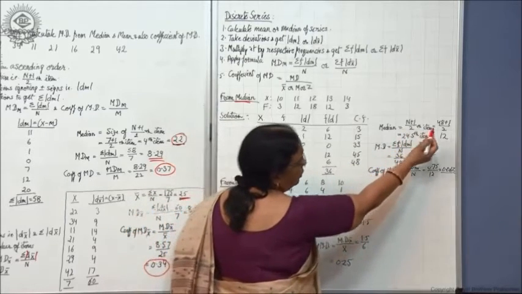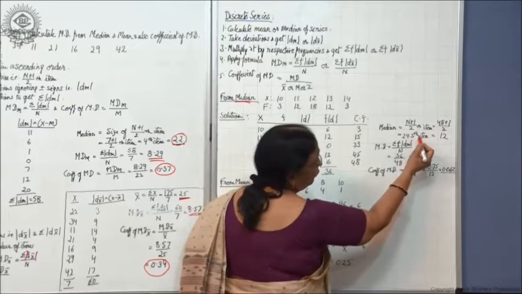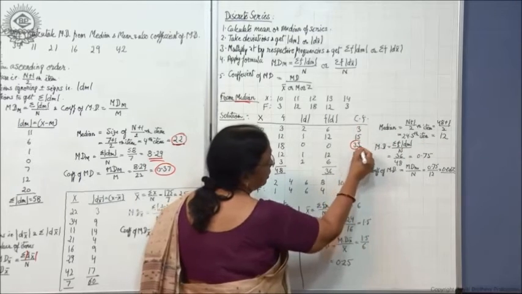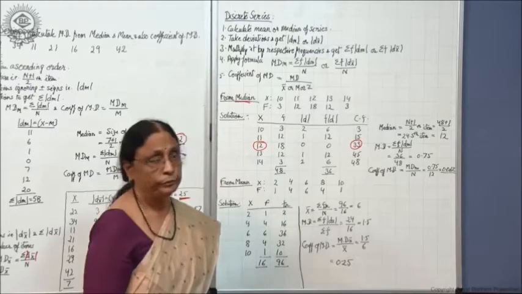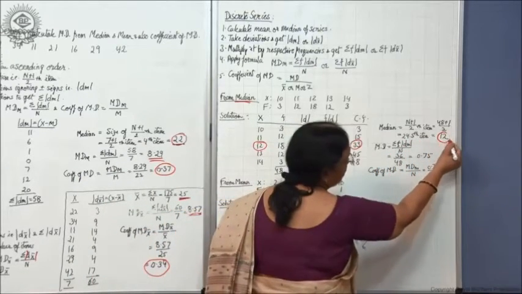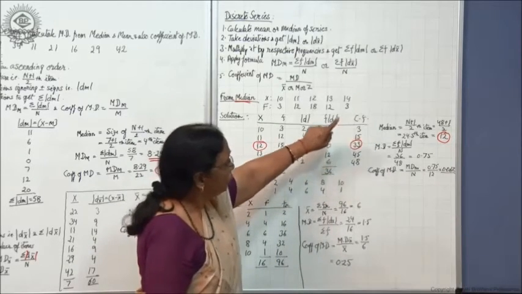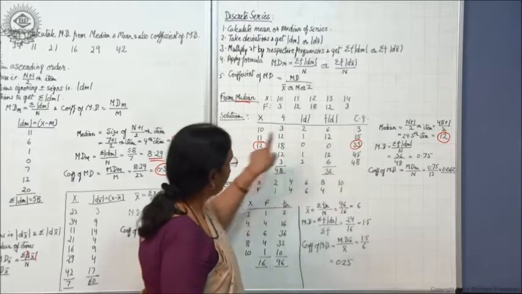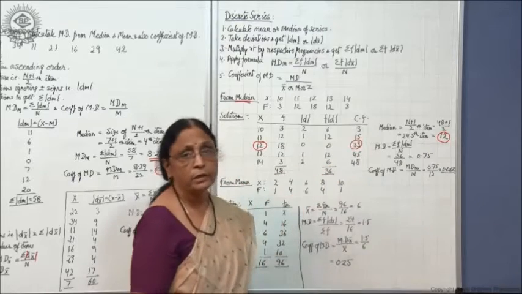So 48 plus 1 upon 2 is the 24.5th item. The 24.5th item lies here, in front of it in the x column is 12, so the median is 12.